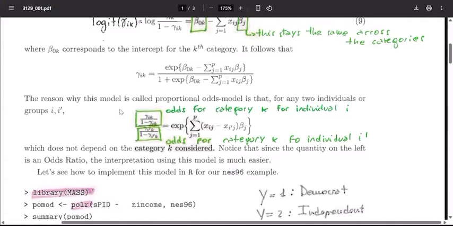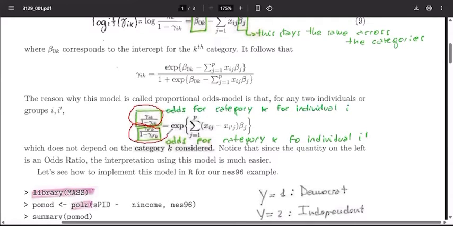Now we can also talk about the ratio of the odds. Take a look at this. Odds for category K for individual i and odds for category K for a different individual.